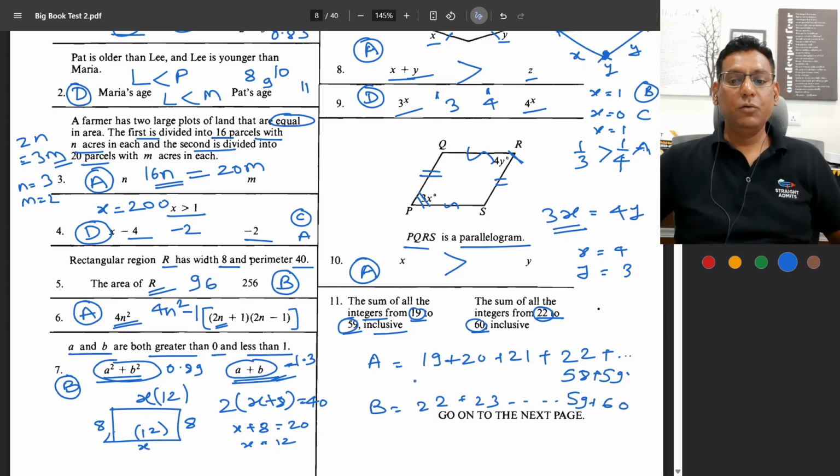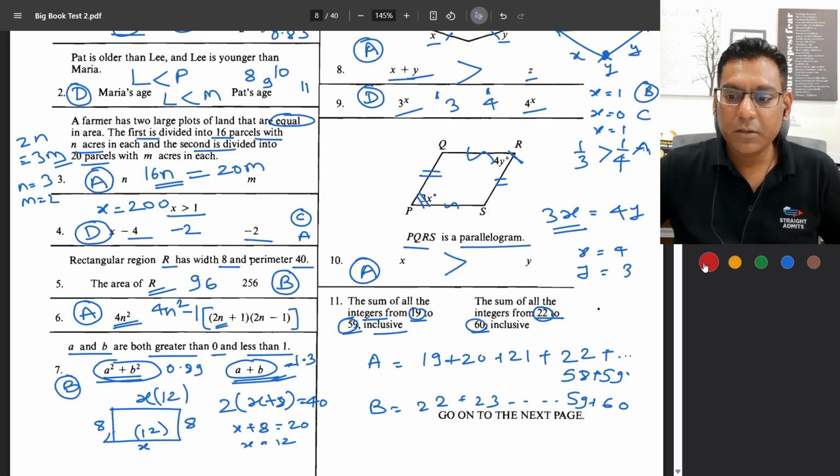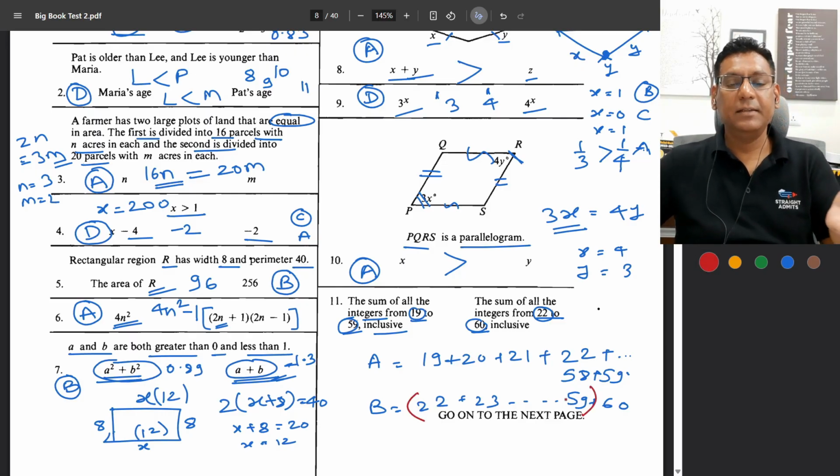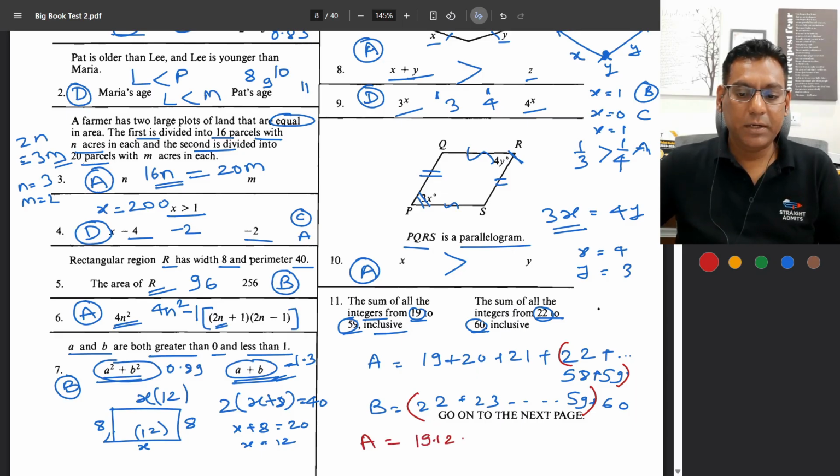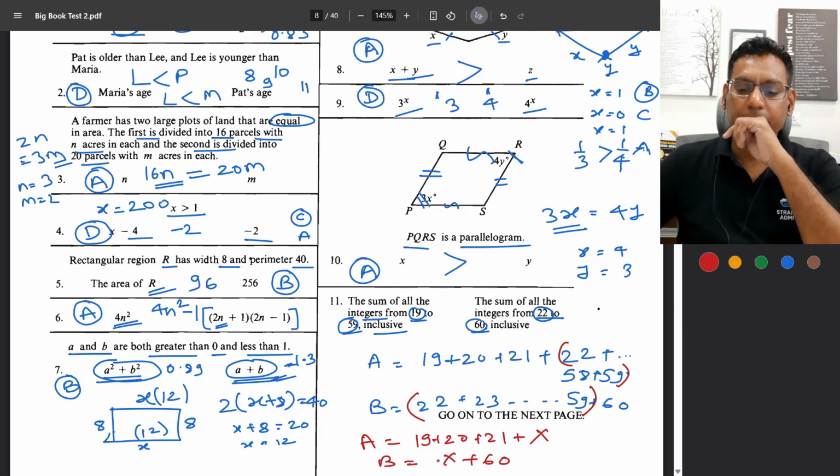Now let me just change the color. You will observe that 22 to 59 is a common part. So let me express that as a common part. Let's say that is X. So A is equal to 19 plus 20 plus 21 plus X, and B is equal to X plus 60. Correct?